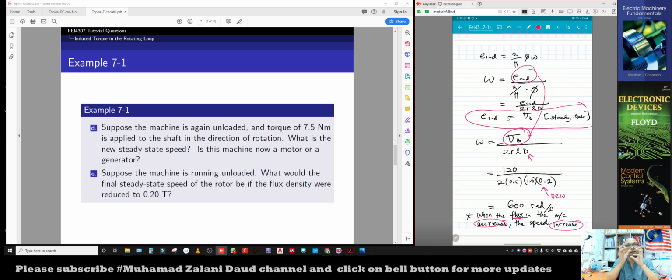Okay, flux weakening sometimes occurs because of problems with the commutation process, and the speed will increase. All right. So this is the same behavior as the linear DC machine.